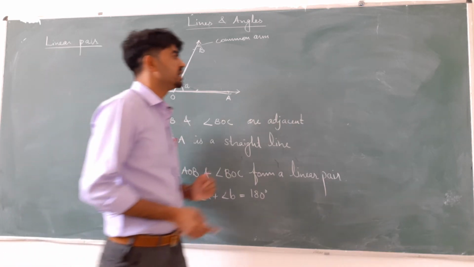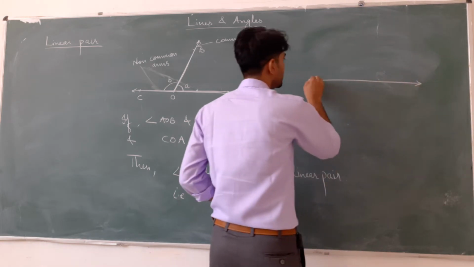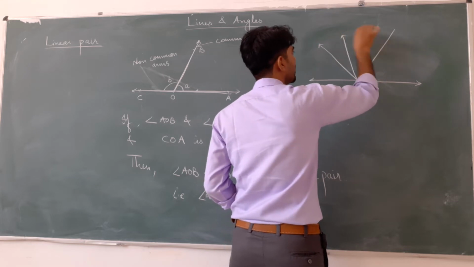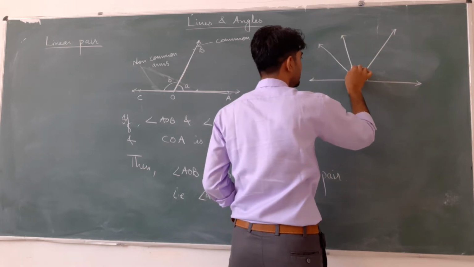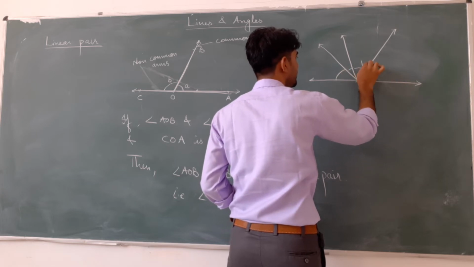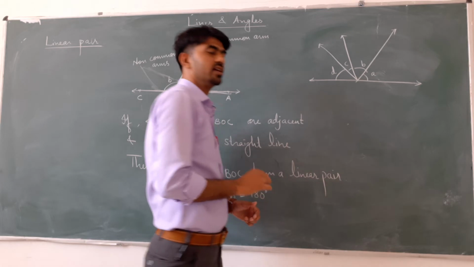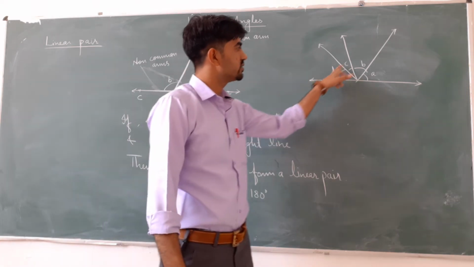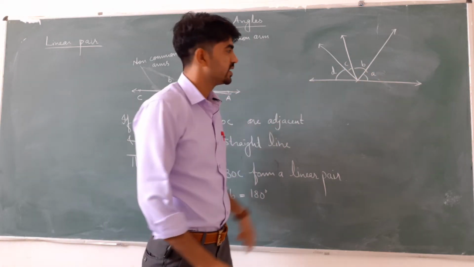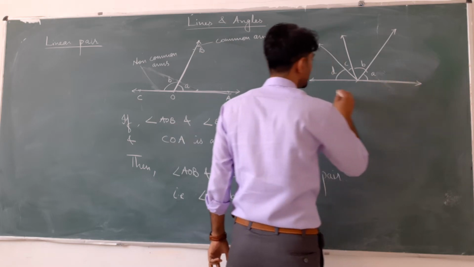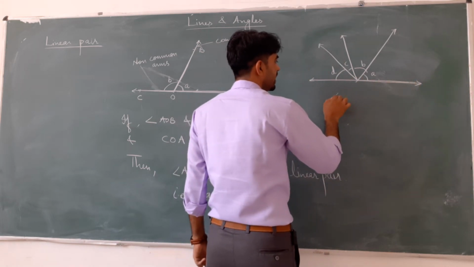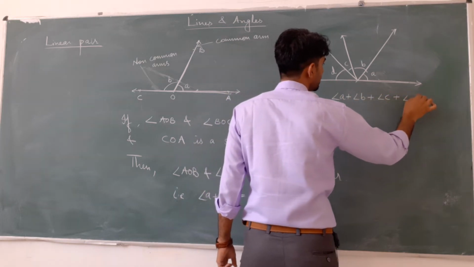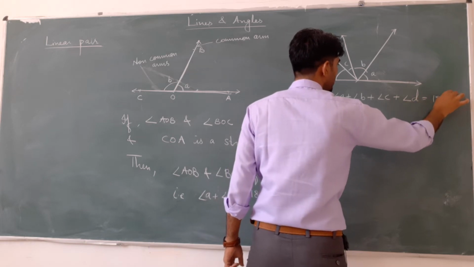Similarly, if I have three or more angles, A, B, C and D, all these angles taken together form a straight angle, so that they make a straight line here. Angle A plus angle B plus angle C plus angle D is equal to 180 degrees.